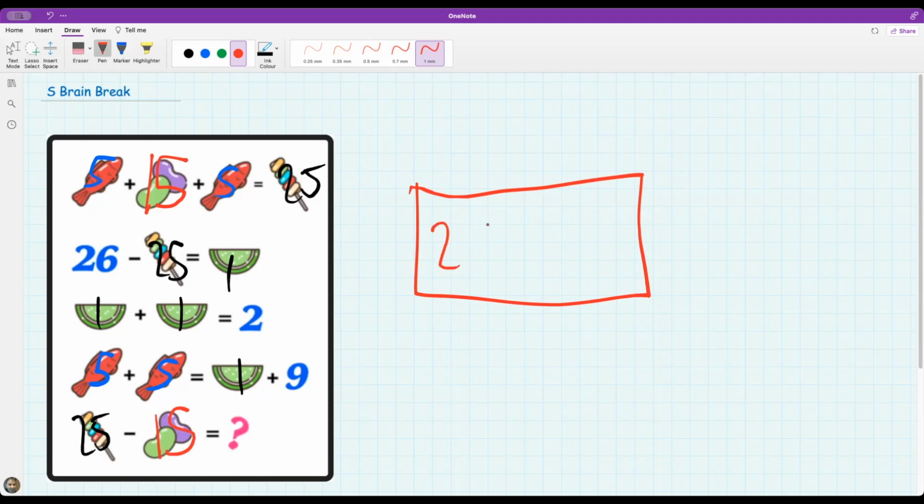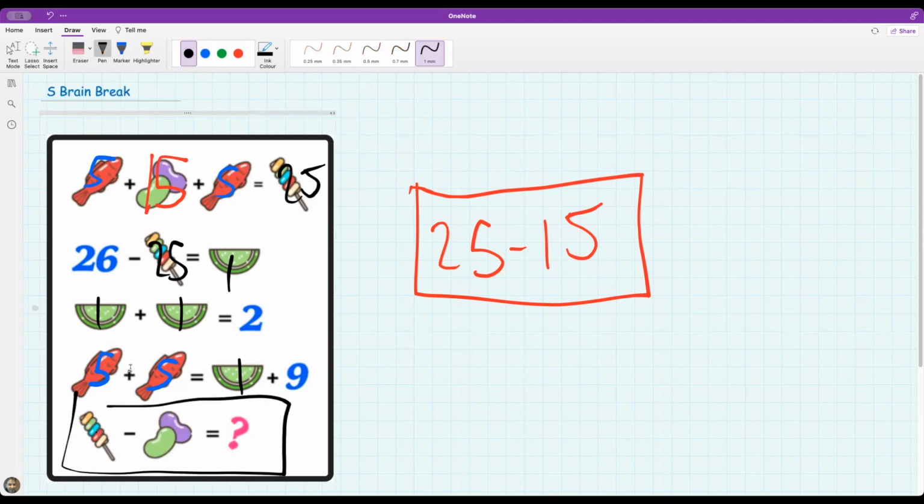Well, we've got 25 minus 15, because that is at the bottom here. This is what we're trying to get. We're trying to work out what is this, and that must be 10. Yep.